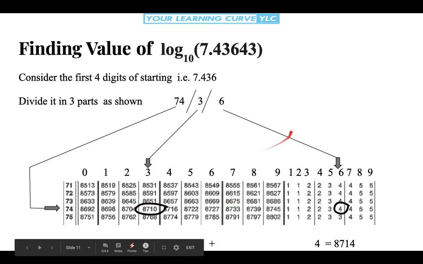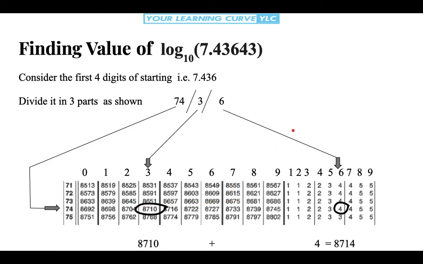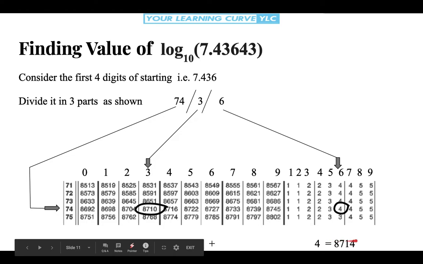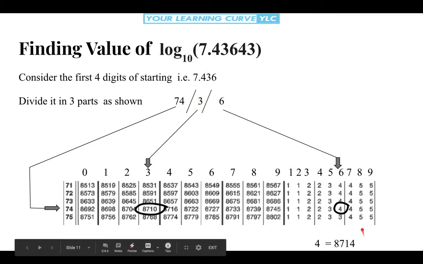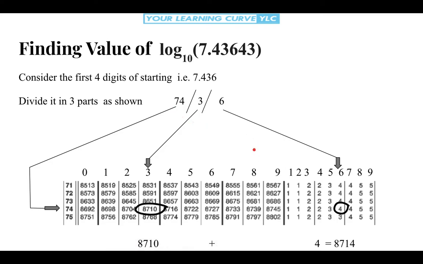You add these two numbers, 8710 plus 4, and you get 8714. This 8714 is not the value of log 7.43643 to the base 10. This is the number associated with 7436 as per the log table.